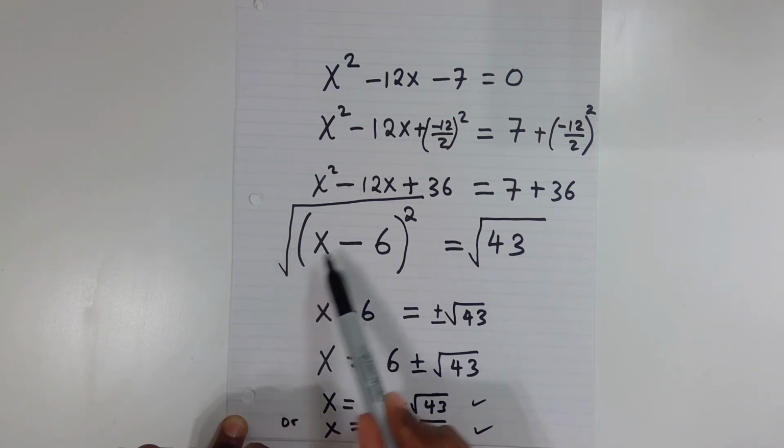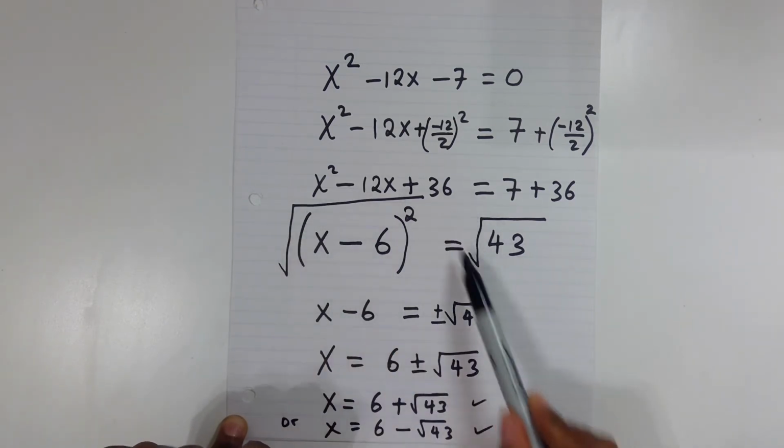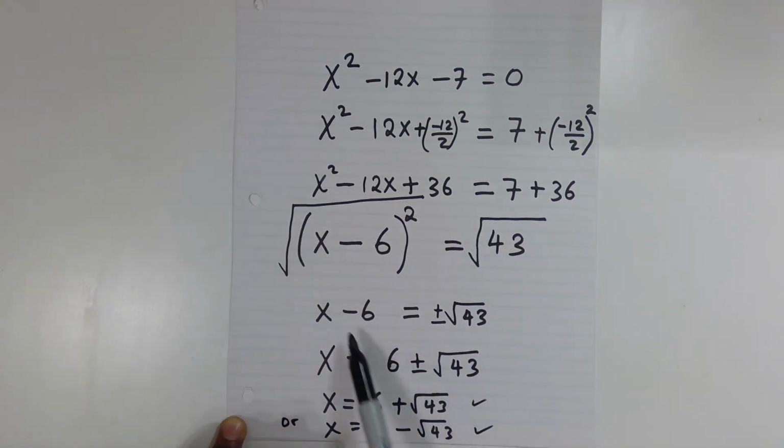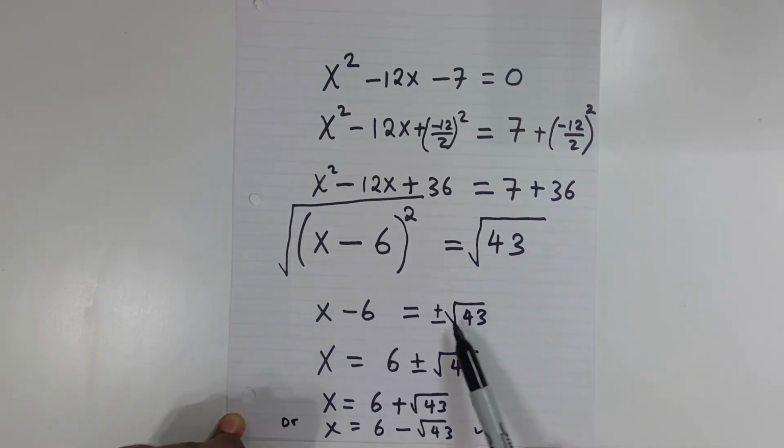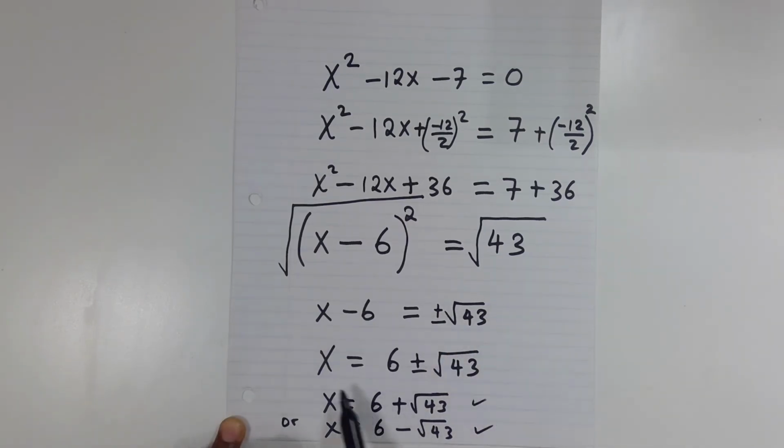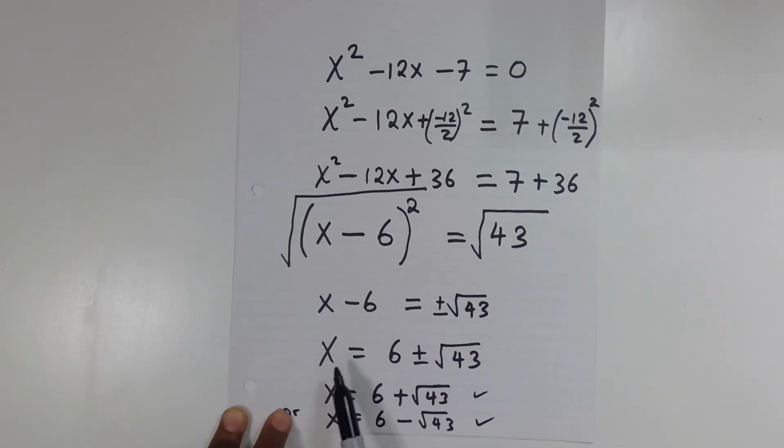So in order to find just x, you square root both sides of the equation. This will give me x minus 6 is equal to, whenever you square root a whole number, you always get plus or minus. So plus or minus the square root of 43. Okay, so next step is take the 6 to the other side of the equation.